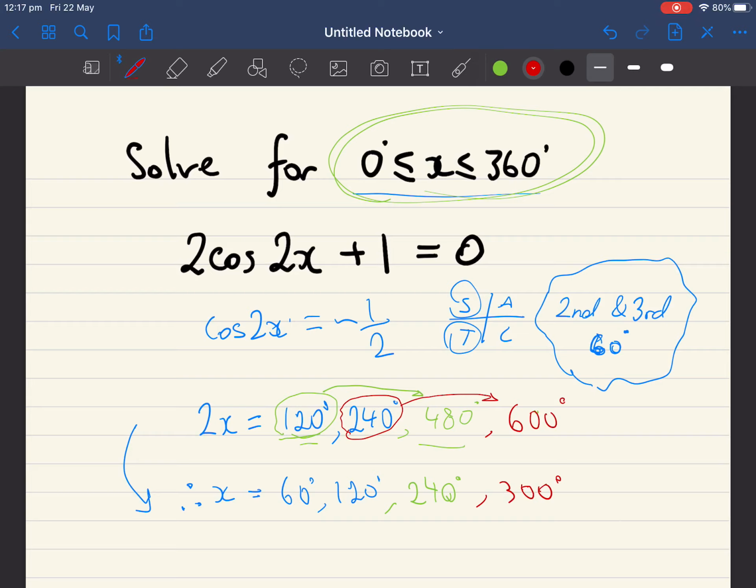And you may be thinking, couldn't you just keep on adding on 360 onto your solutions? And the answer is yes. So you actually could end up with a whole host of solutions, all of which work. But like I'm saying, we're after all the angles that worked between 0 and 360. So this is where we would stop it here.